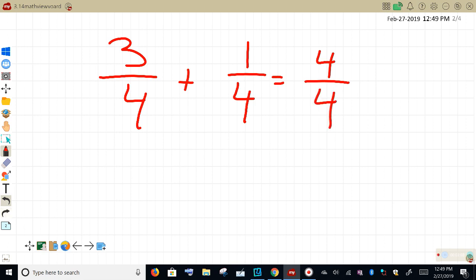Okay. All right. I get 4 over 4. Some of you guys may be stopping here, but I noticed at least a few of you put 4 over 4 is also equal to what? 1. Okay, so I wouldn't leave it as 4 over 4. I would leave it as 1.